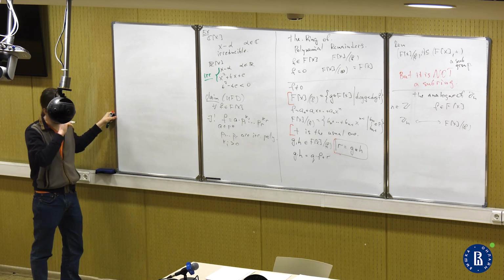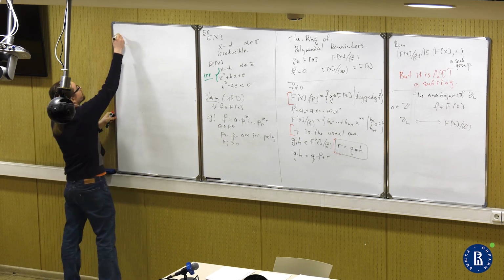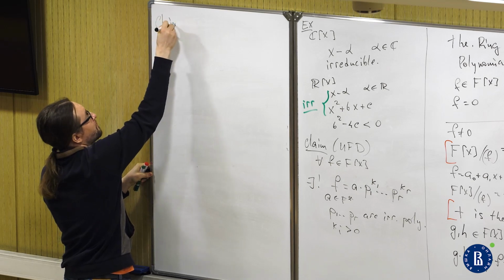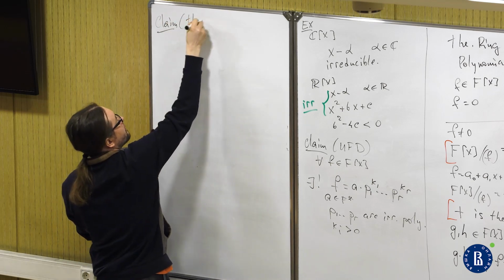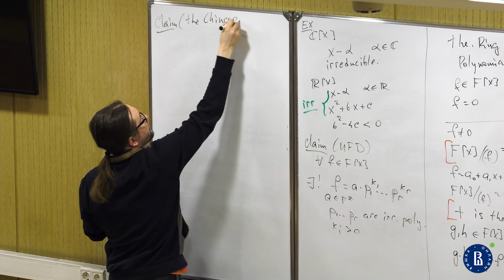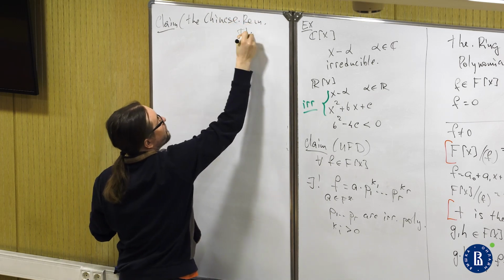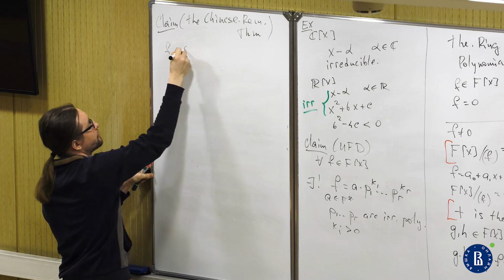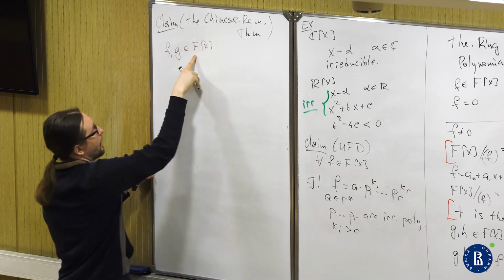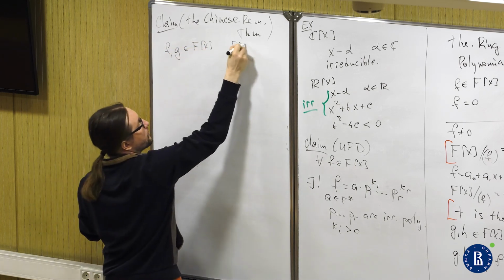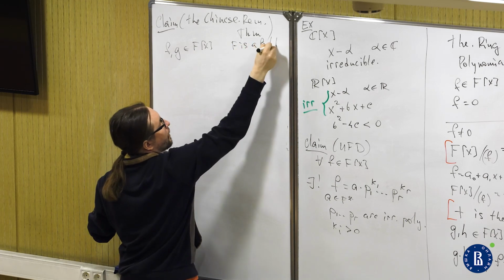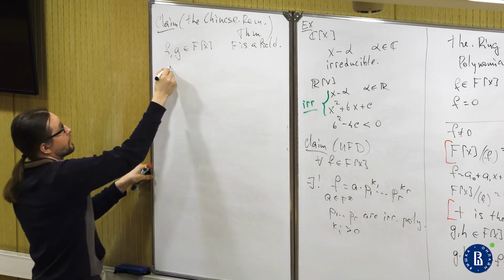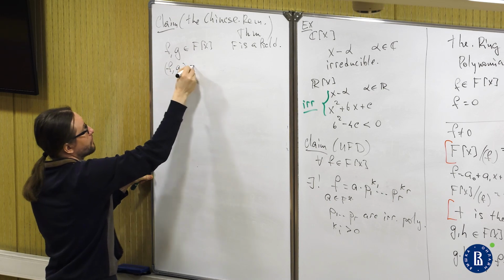Okay, now the Chinese remainder theorem. Suppose we have two polynomials, f and g. F is a field, I mean, capital F, and f and g are coprime.